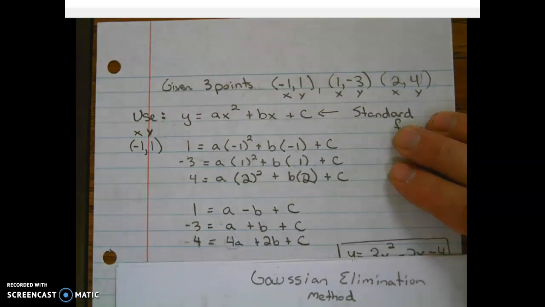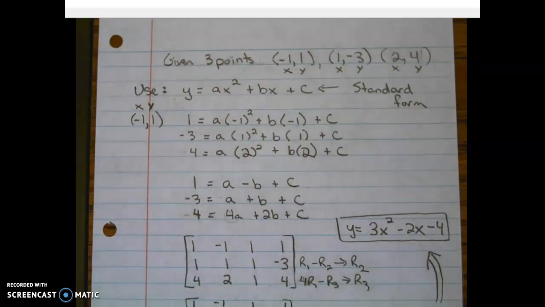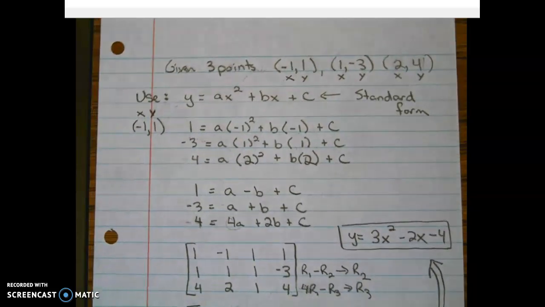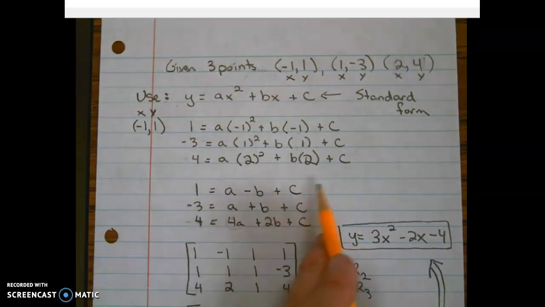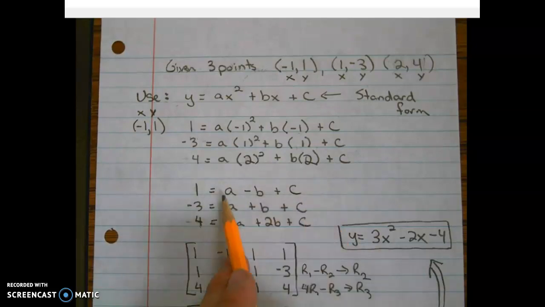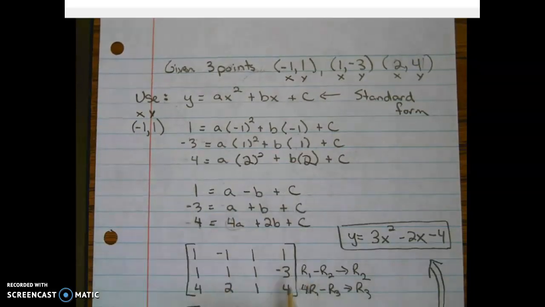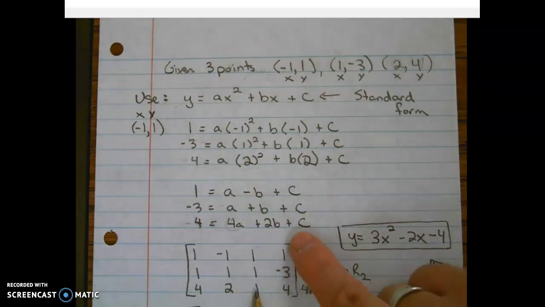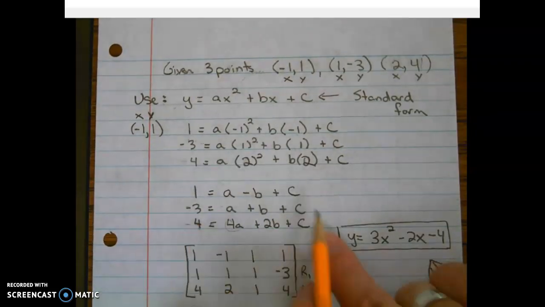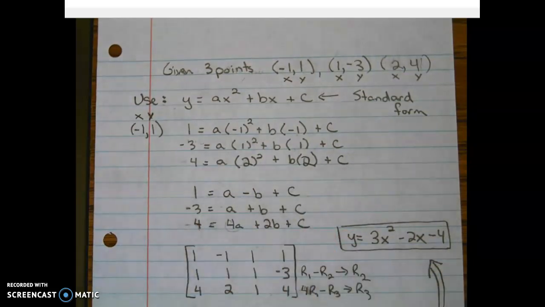So I'm just going to go ahead and show you what I got here. So we got, now I'm going to move my answers over here to the right hand side, okay? So we have 1, -1, 1, 1. 1, 1, 1, -3. 4, 2, 1, and like I said, I moved the 4 over to the other side, put my equal signs over here.